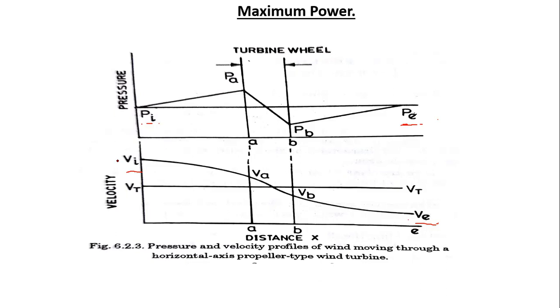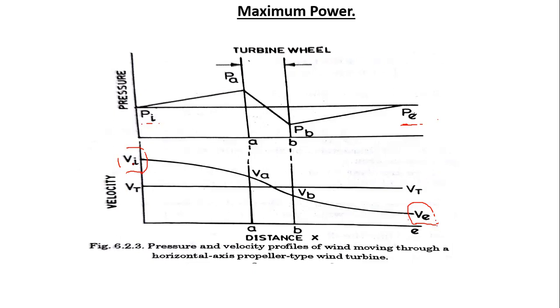At first, the wind has some kinetic energy when the wind velocity is Vi. After that, at the downstream, the kinetic energy in the wind is absorbed by the turbine. That is, the turbine extracts the velocity from the wind, so the velocity of the wind decreases to Ve downstream. That's why Ve will be less than Vi.